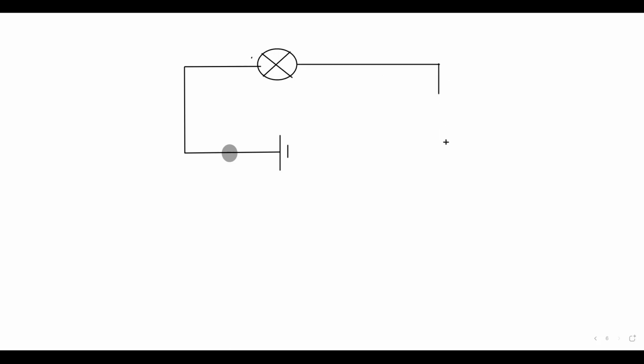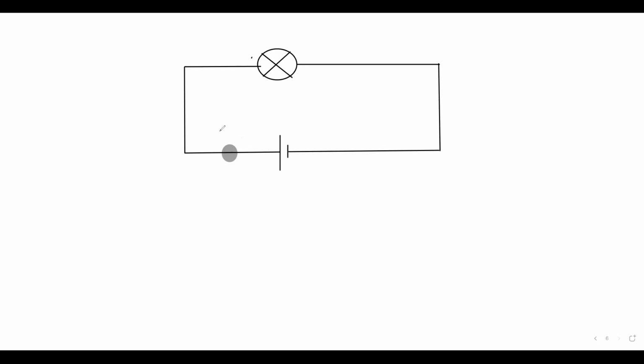So basically charges are the carriers which are transferring or carrying the energy. So for example, you have one charge, say electron. Actually in reality electron will move from negative to positive, but we are taking a conventional current.